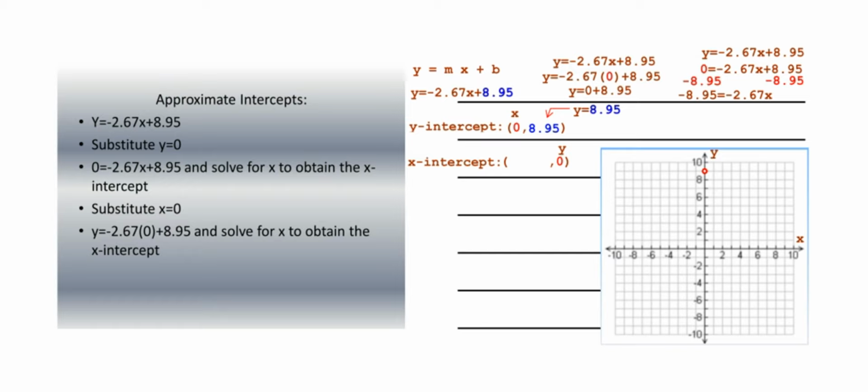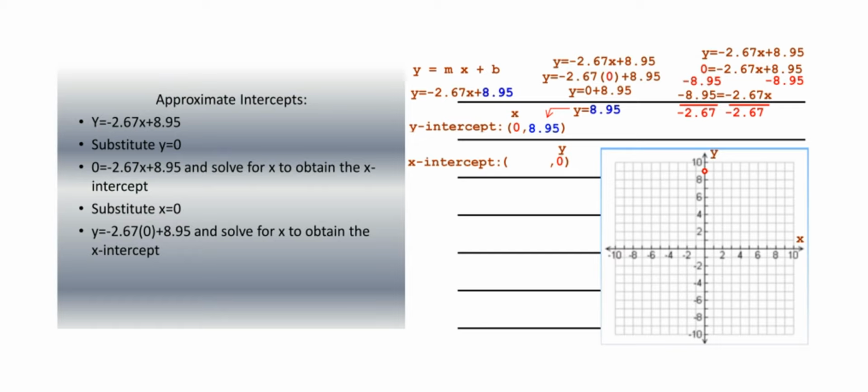And notice, negative 2.67 is multiplying with the x, because there's nothing between the number and the x. So the opposite of multiplication is division. Let's get rid of it by dividing negative 2.67 from both sides. On the right side, negative 2.67 cancels out with negative 2.67. That leaves us with just the x.